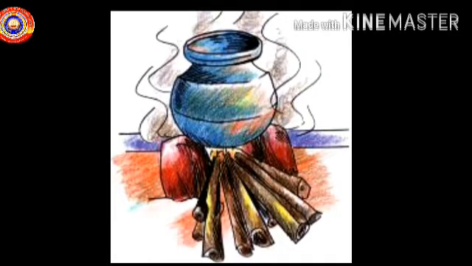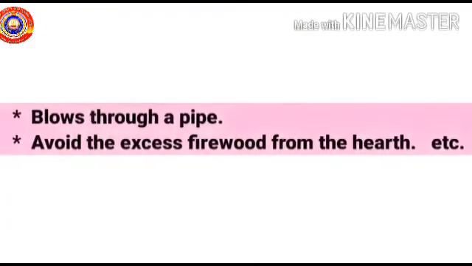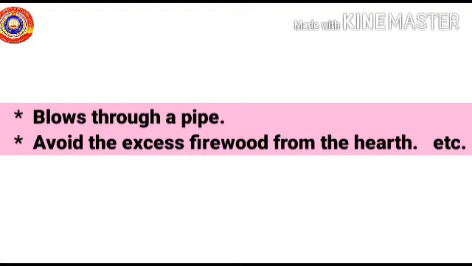Now, look at the picture. The firewood stove has ember, but it is not burning. What trick does your mother use to burn the firewood? Yes. First, she blows through a pipe. Second, she removes the excess firewood from the hearth, etc.